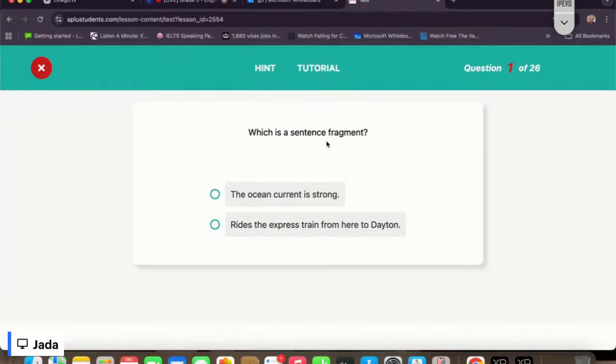All right, so which is a sentence fragment? Is it the first or second? "Writes the express train from here to Dating." "The ocean current is strong." So which one is the sentence fragment here?